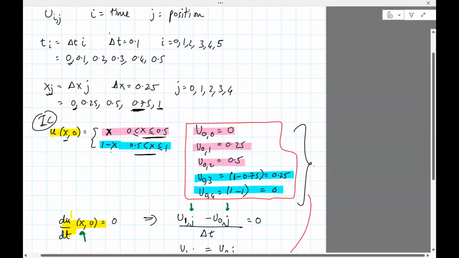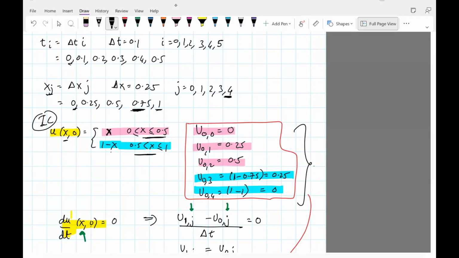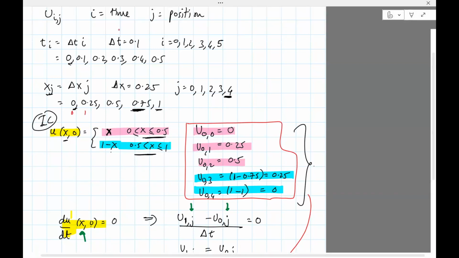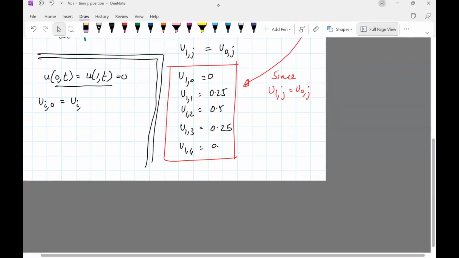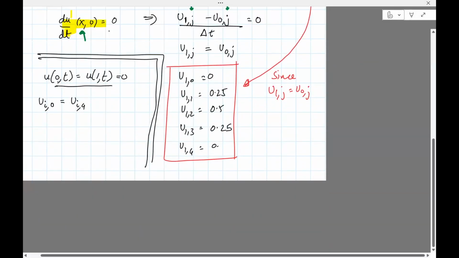So x_j equals 1, we should use the fourth index, right? So these are, see, 0, 1, 2, 3, 4. That's for j equals 0, 1, 2, 3, 4. So the fourth one is 1. So I need to just put here 4 equals 0. Okay, so that's what we would need to solve.